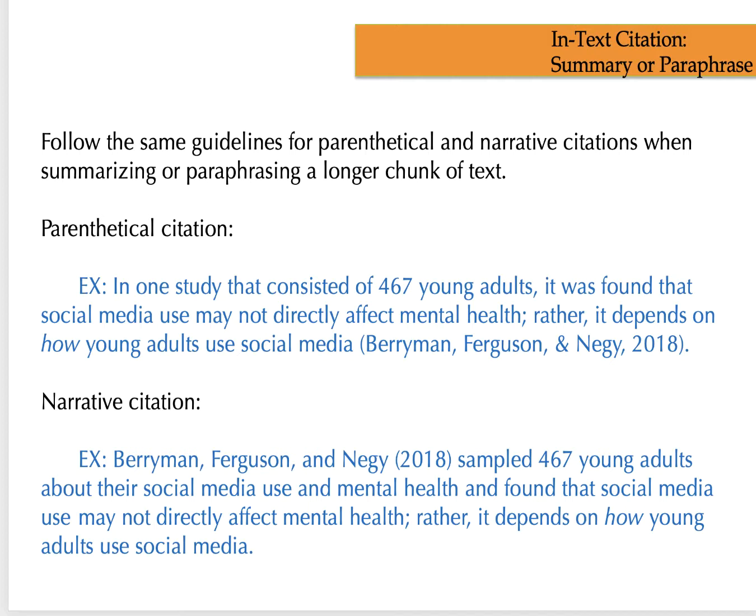So in the first example, parenthetical: in one study that consisted of 467 young adults, it was found that social media use may not directly affect mental health, rather it goes on. So that's just a summary. When you summarize or paraphrase what someone said, the citations work the same way as they've done on the previous couple of pages.